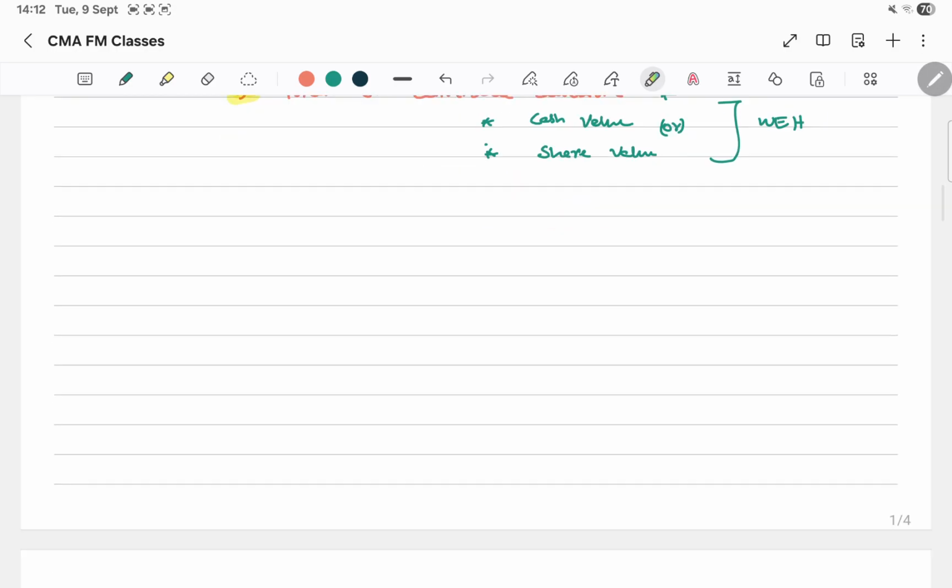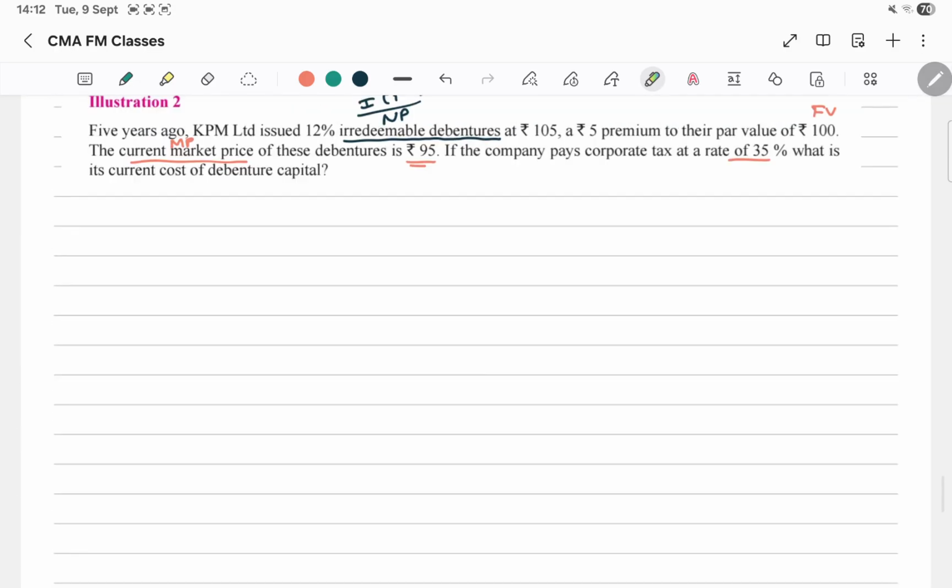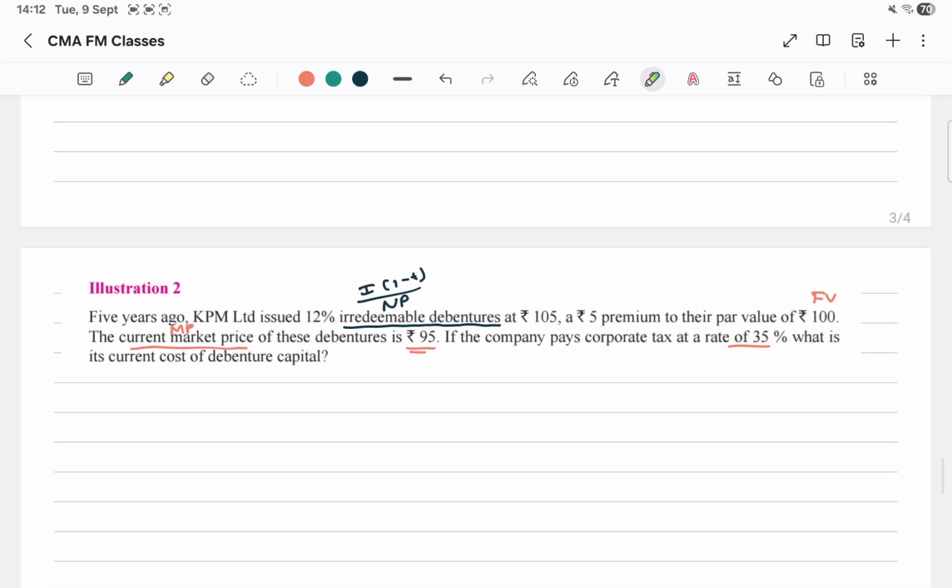Now going to our second illustration. We are told 5 years ago, so is it a new debt or existing? It is an existing debt.